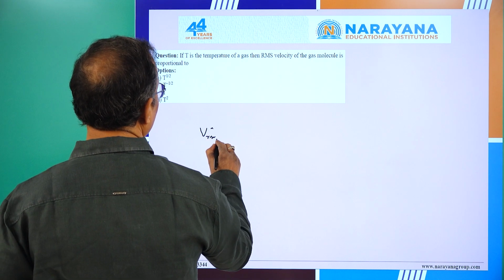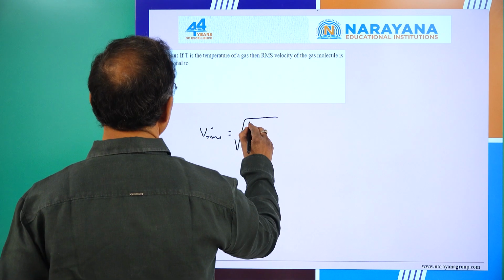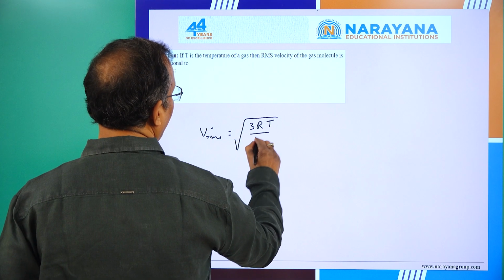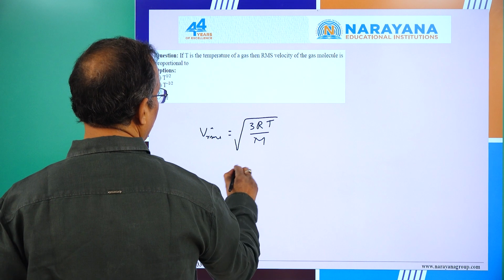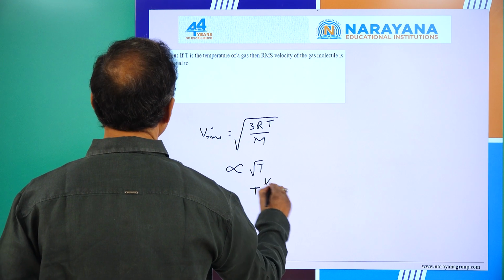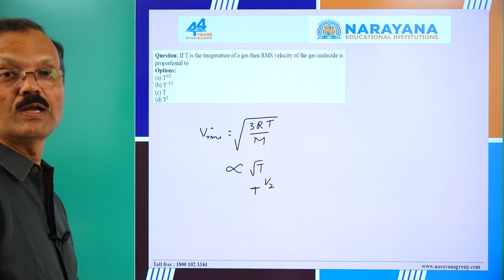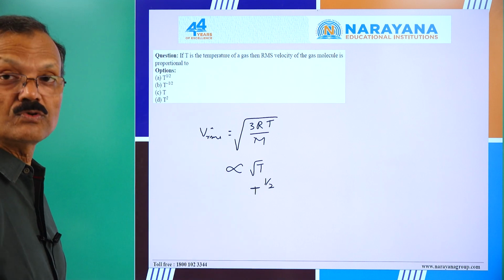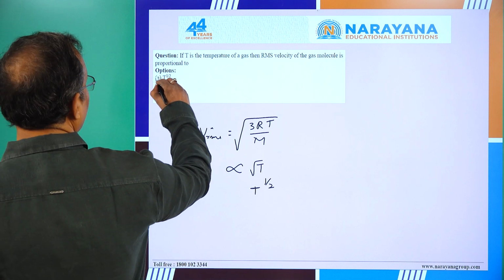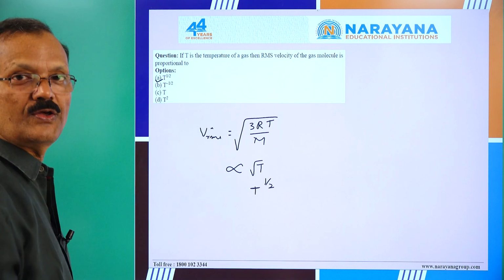This is under root 3RT by M. So, it is directly proportional to root T, that is T to the power half. Direct formula based questions have come. That one also single formula based question is there. Answer will be A. Clear to you?